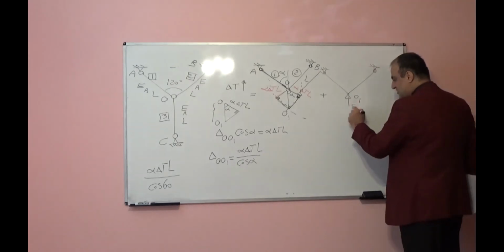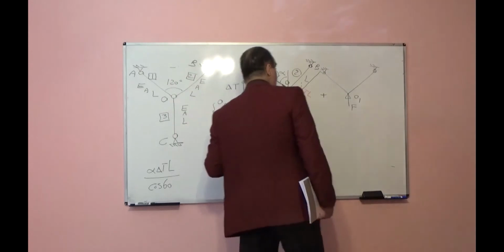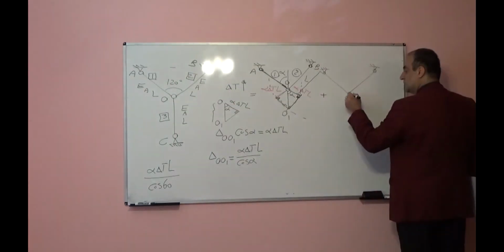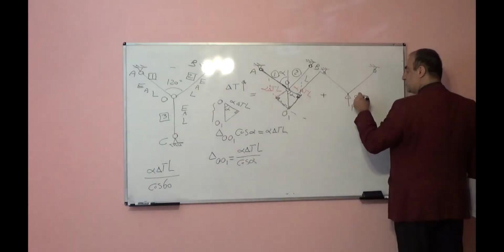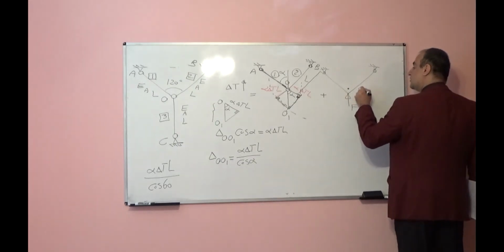This is the reaction internal force in this member. F applies upward and it wants to bring it back. So point O1 will transfer to another point like O2.